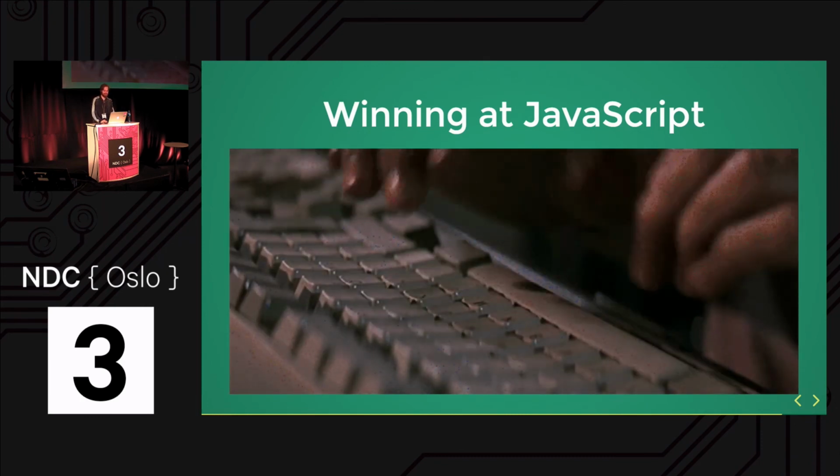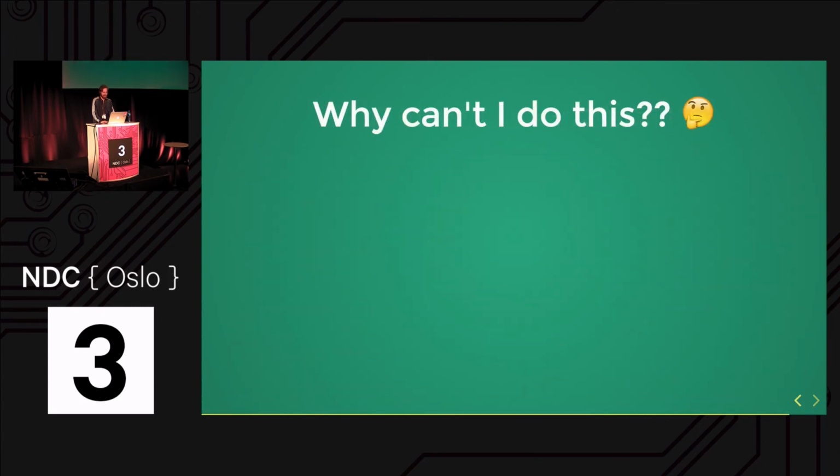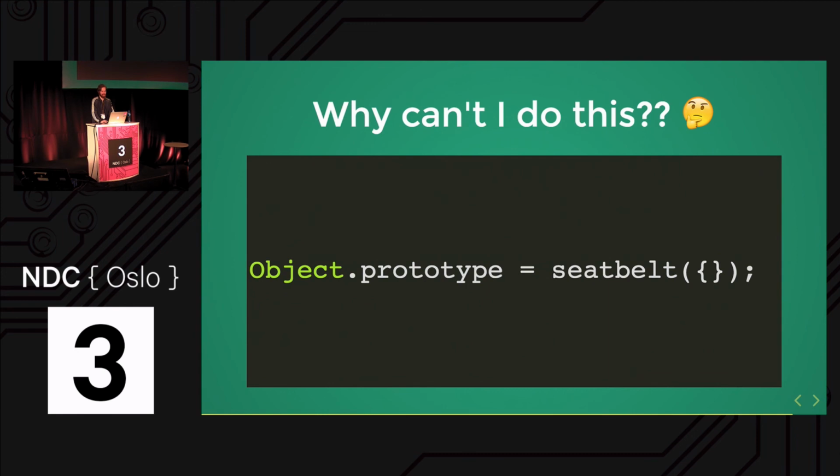But there's one thing that I have not figured out yet, and that is how I can do this. What if I could just replace the object prototype with this, and this would just be completely transparent? So I think that this is probably my next ambition here. So all of this that I've shown you now is, of course, just fully abusing proxies.